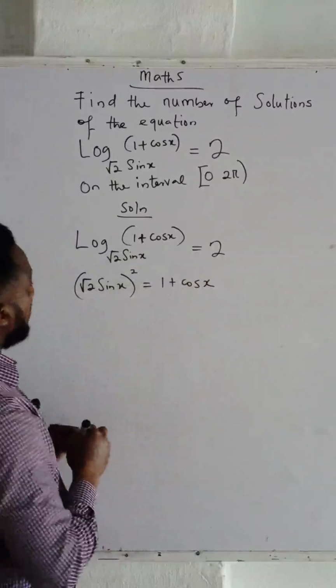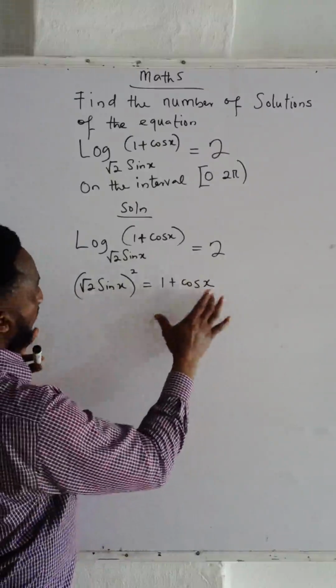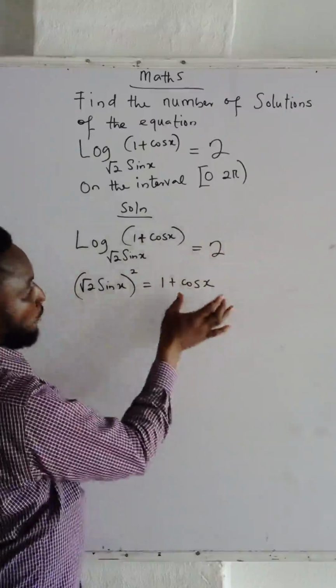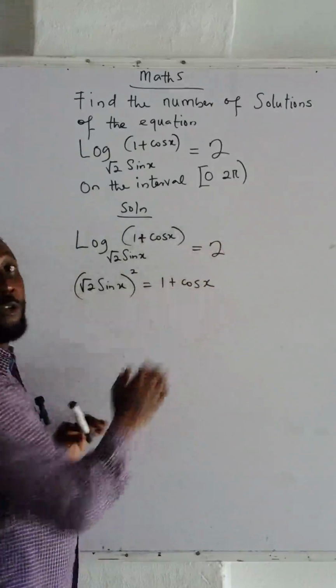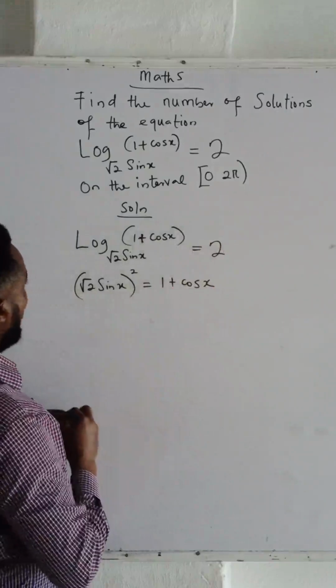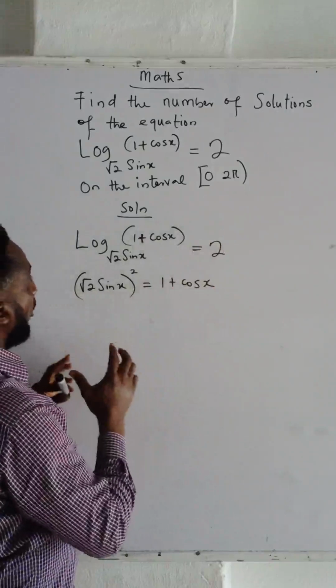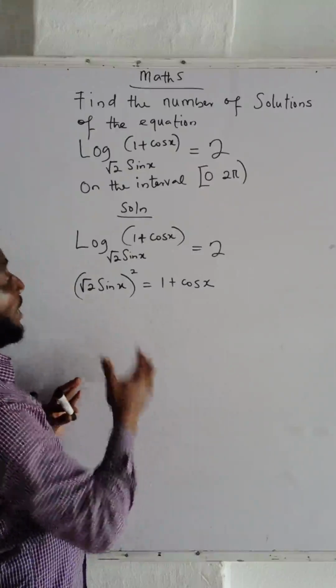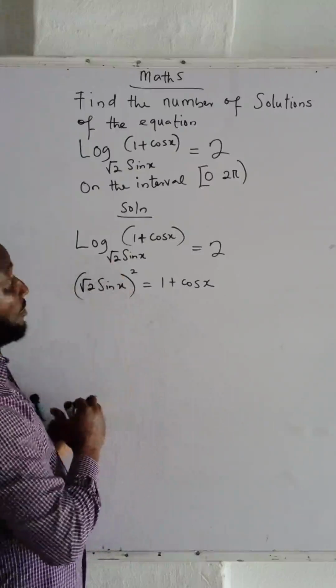Now before I forget, in solving this problem, both from the logarithmic equation and from the exponential equation, we need to see the domain of this solution. The base of a logarithm cannot be 0.